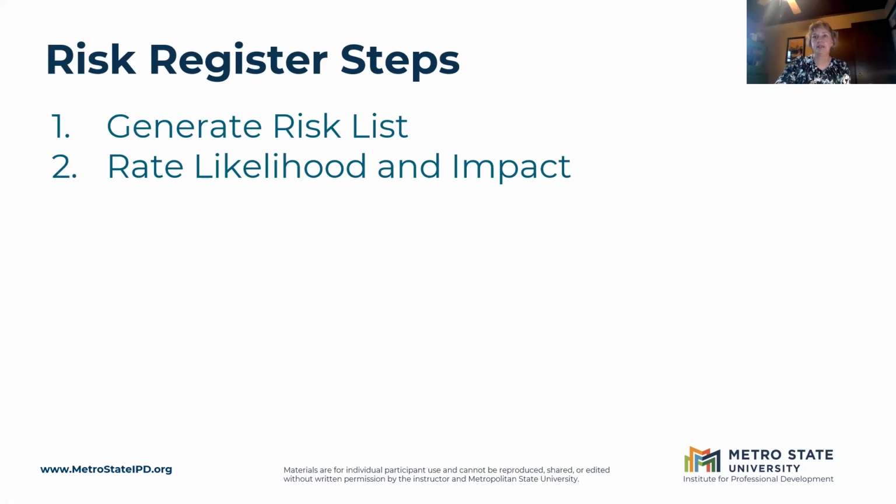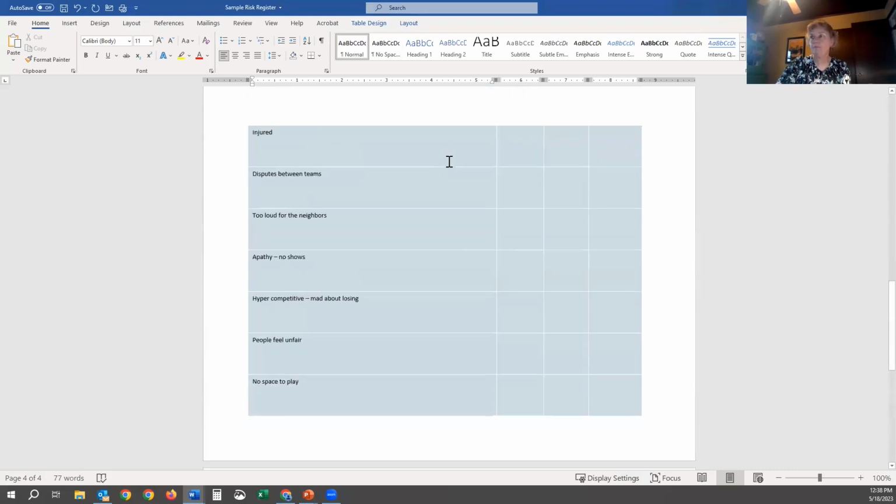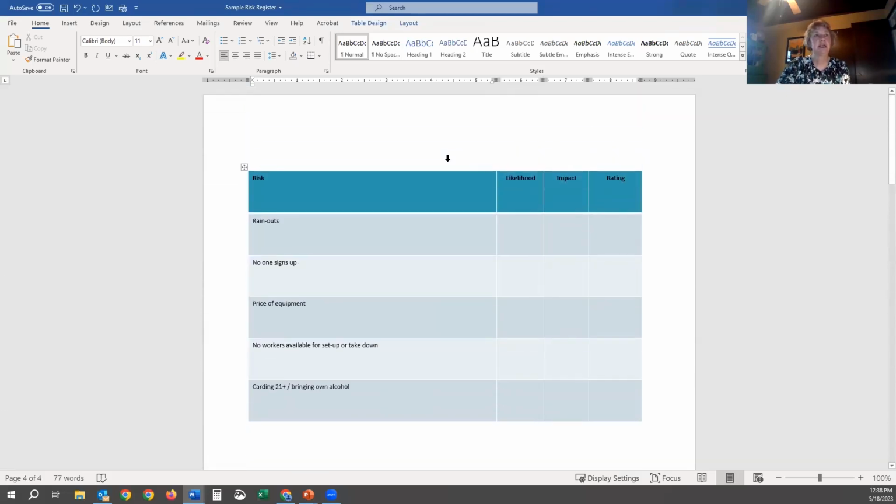Let me see if I can get my list back up. I usually do these at the same time. You could do all the likelihoods and then all the impacts, but like I said, I usually do them at the same time.